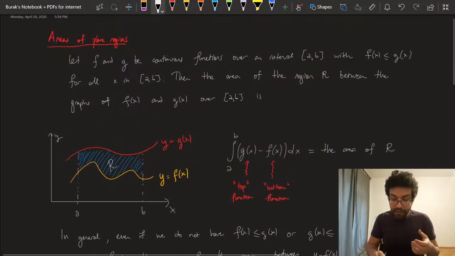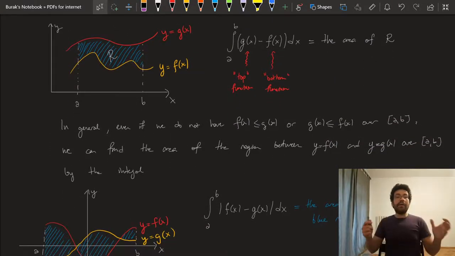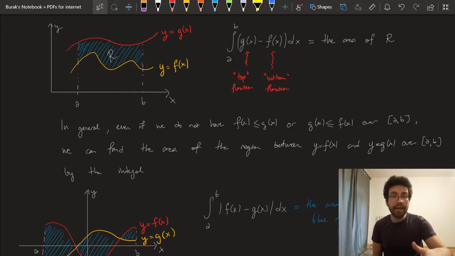Now over here, I pretended as if a and b are real numbers, and I'm working with a bounded interval. That's not necessarily the case. Well, we learned about improper integrals, okay? So you can do the exact same thing with an unbounded interval.